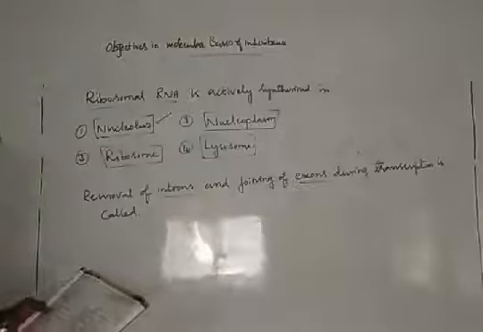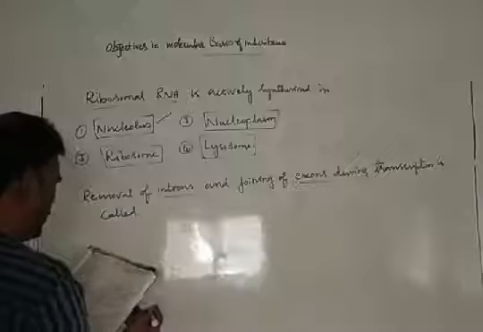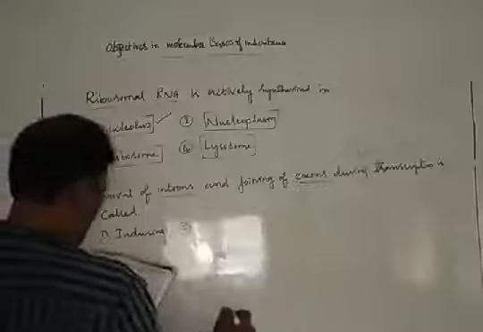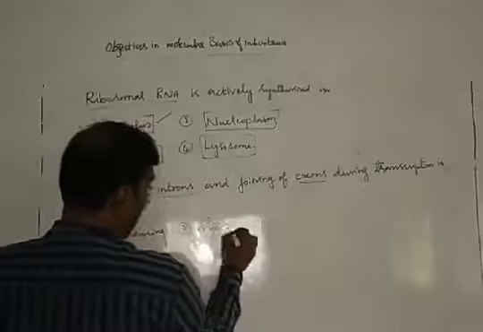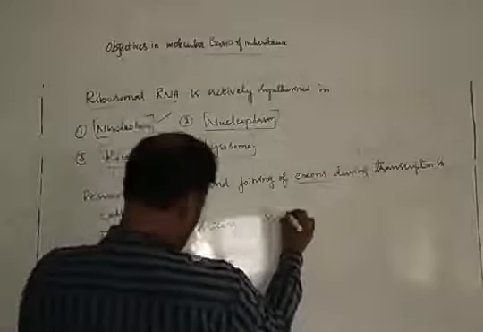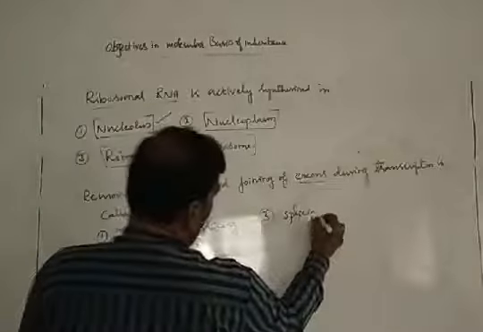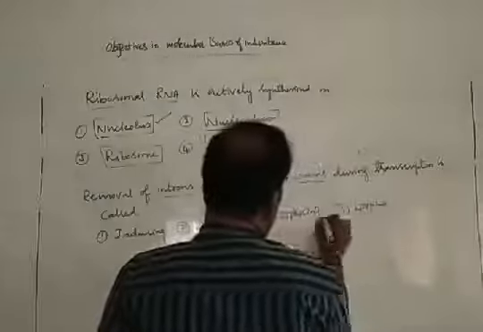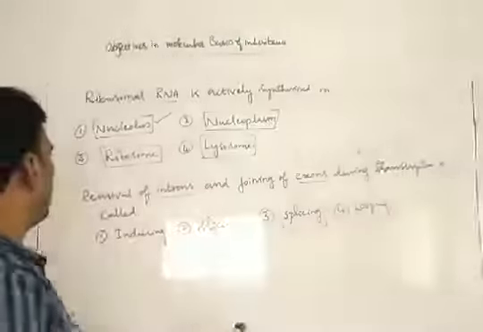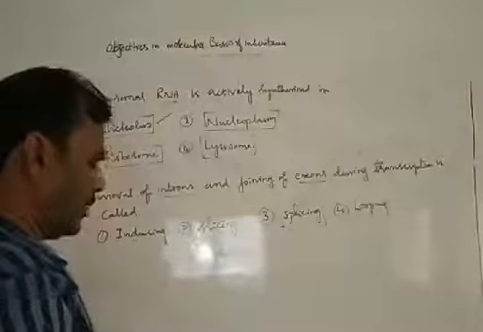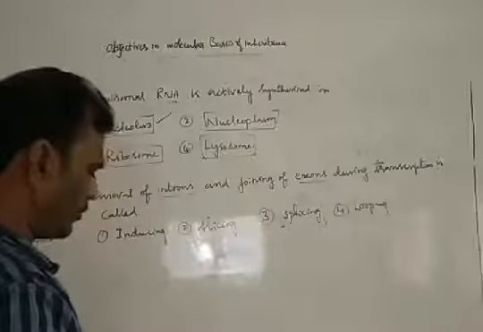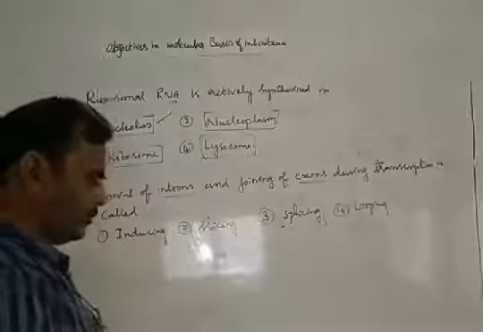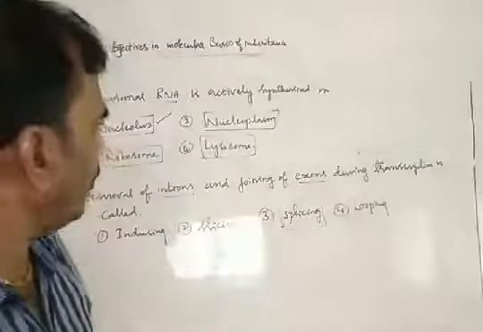So options are inducing, slicing, splicing, and fourth option, looping. So it is a direct question, splicing.